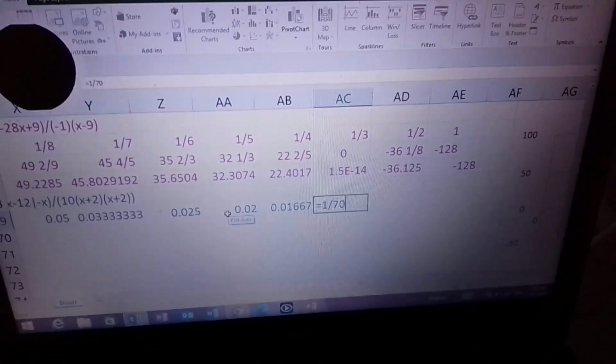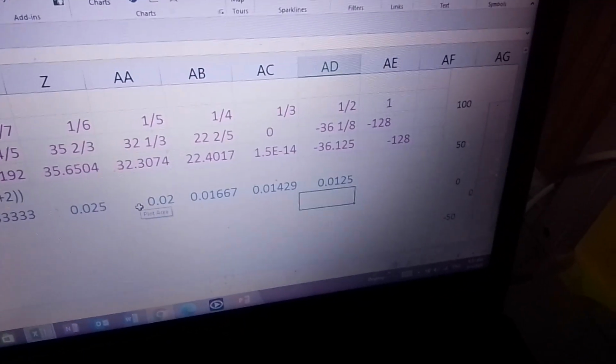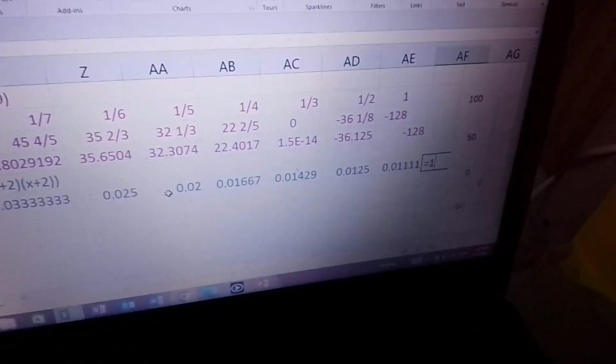Can you see what I'm doing? Very good. And then 1 over 80, 1 over 90, and 1 over 100. That's it.